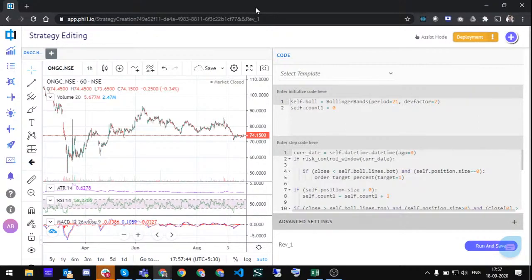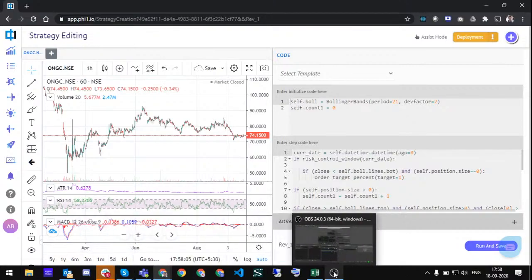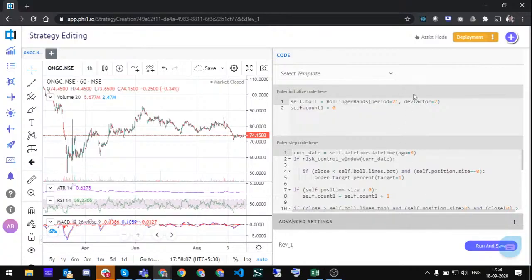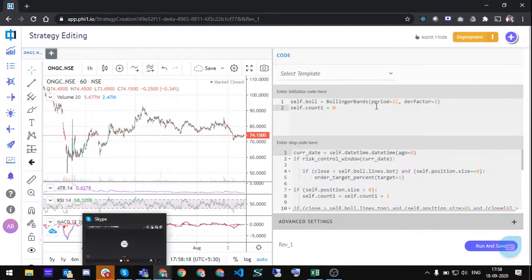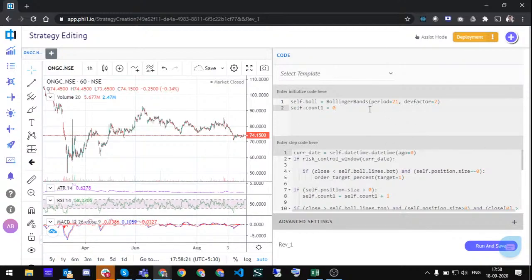So we want to talk about three strategies with you, and we're starting with the mean reversion one. But I don't see your screen yet. Okay, so I'm sharing my screen on Skype as well as on OBS. Both look to be okay. Can anyone else see it on Skype? Yeah, it's visible at both places. I don't see it at Skype.